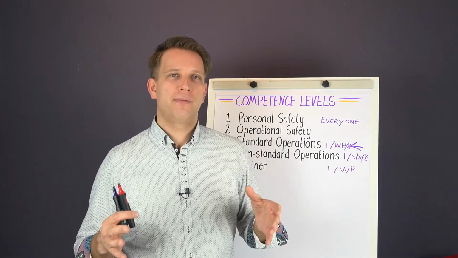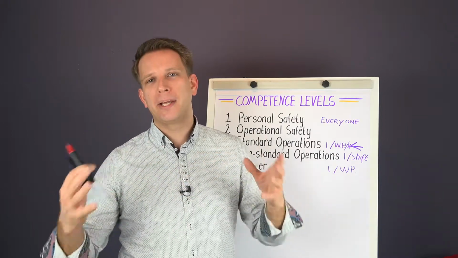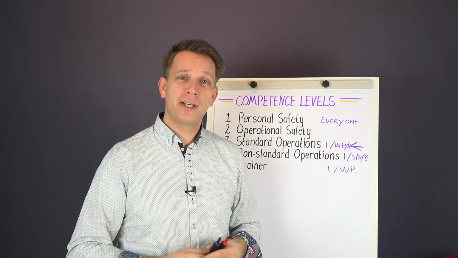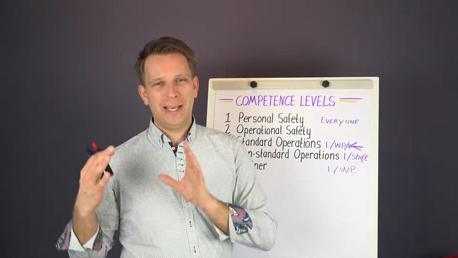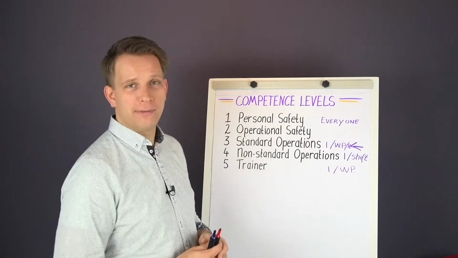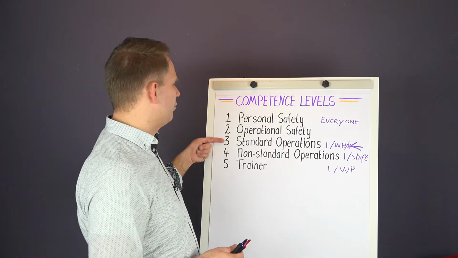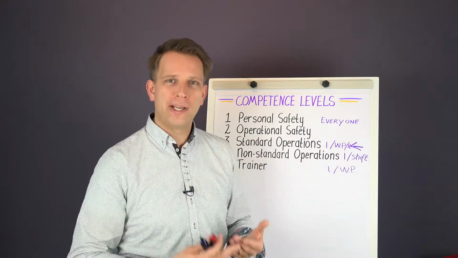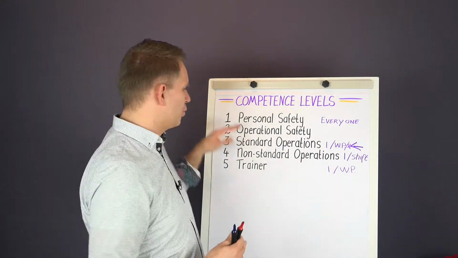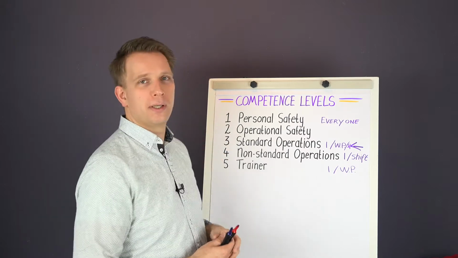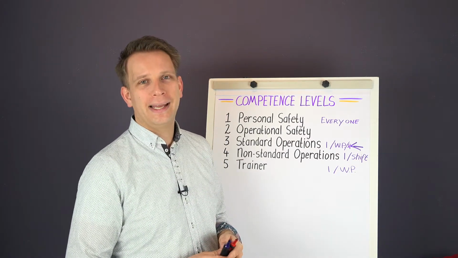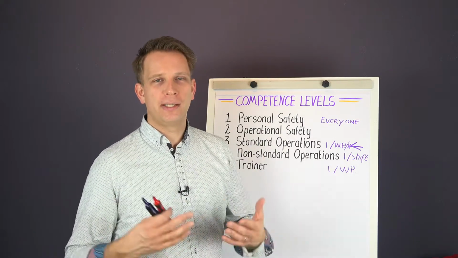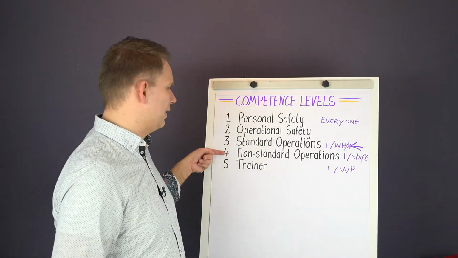Now, if you have a bigger assembly area, or if you have a line with multiple operators there, the logical thing to aim for is to have one level 4 trained person and the rest at level 3. For people who are almost always on a workplace, do not accept 1 and 2, always push to a level 3 and get your daily operators, really the people running a process, to level 4.